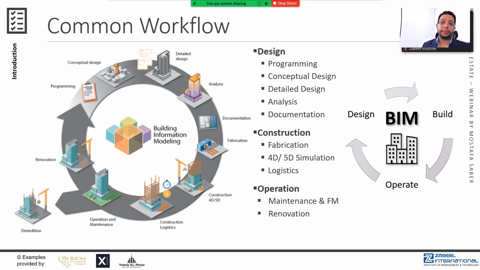What are the requirements, the main components, the areas required for the project? And then we go ahead with conceptual design, then detailed design, throughout analysis required for structural systems, for energy, for HVAC. All that analysis is required, and then we move into documentation, which ends the design phase.